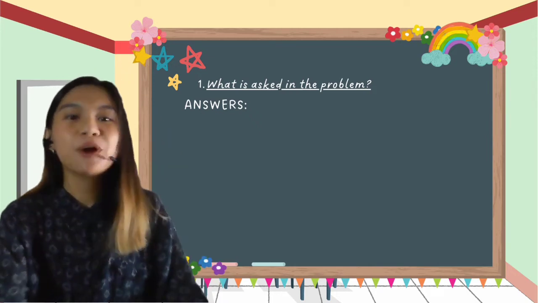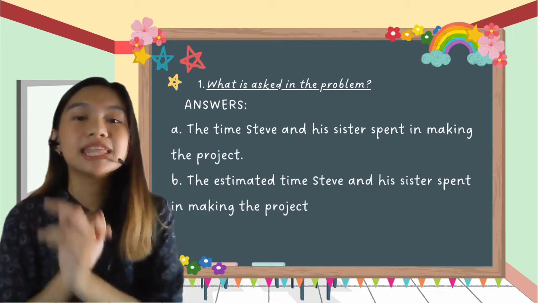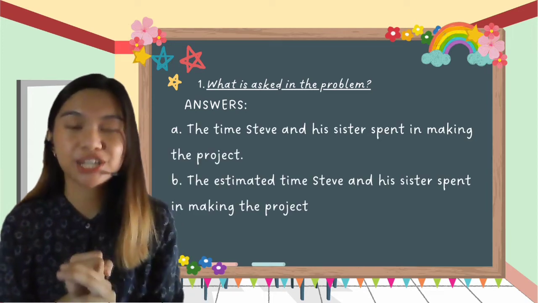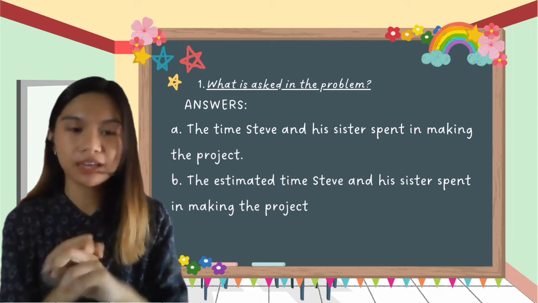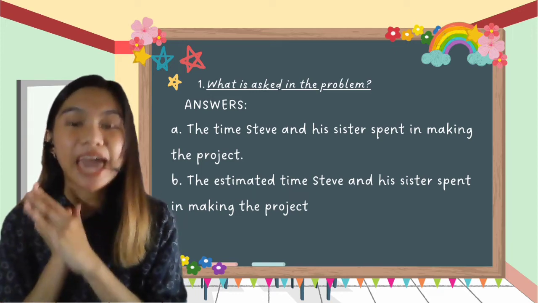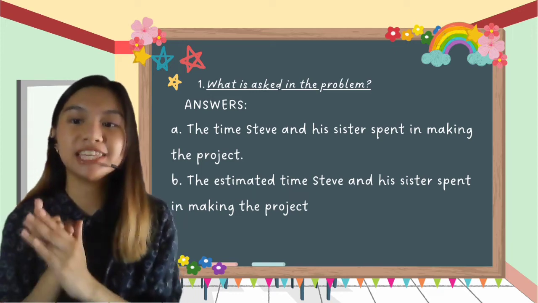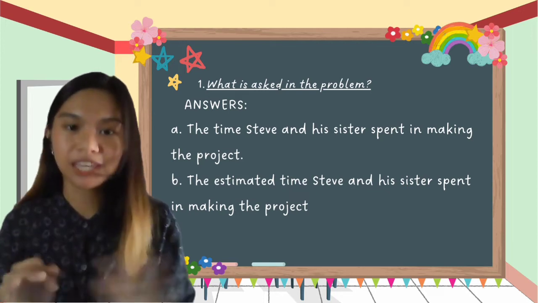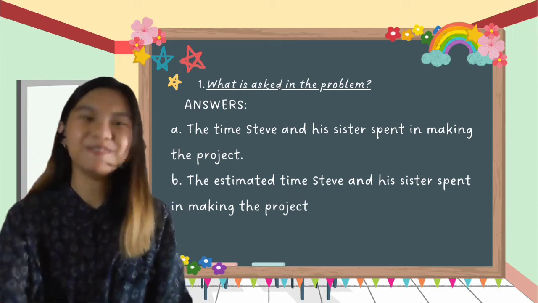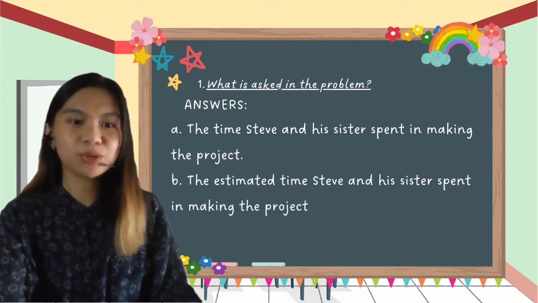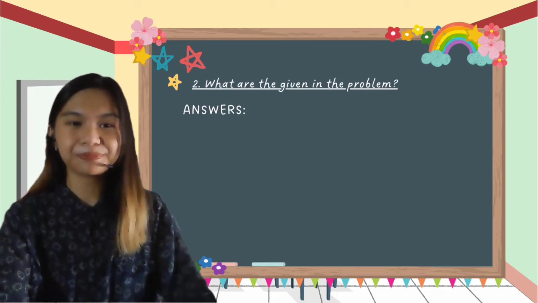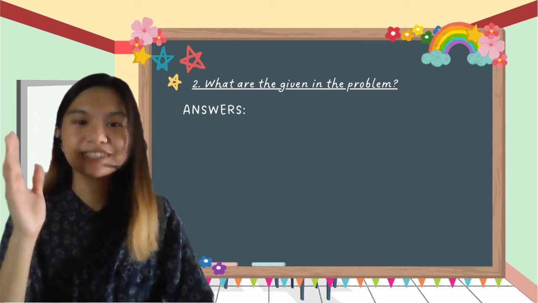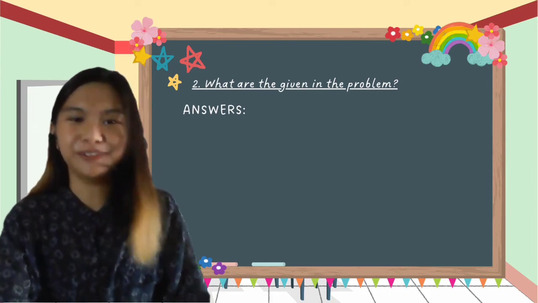Correct. Okay. One is the time Steve and his sister spent in making the project. The second is the estimated time Steve and his sister spent in making the project. Good job. So how about the second question? Very good.